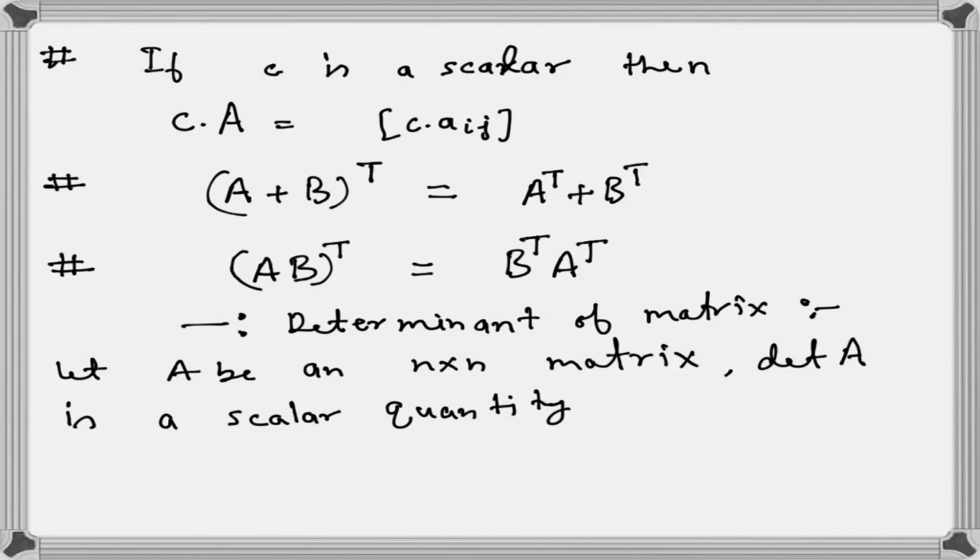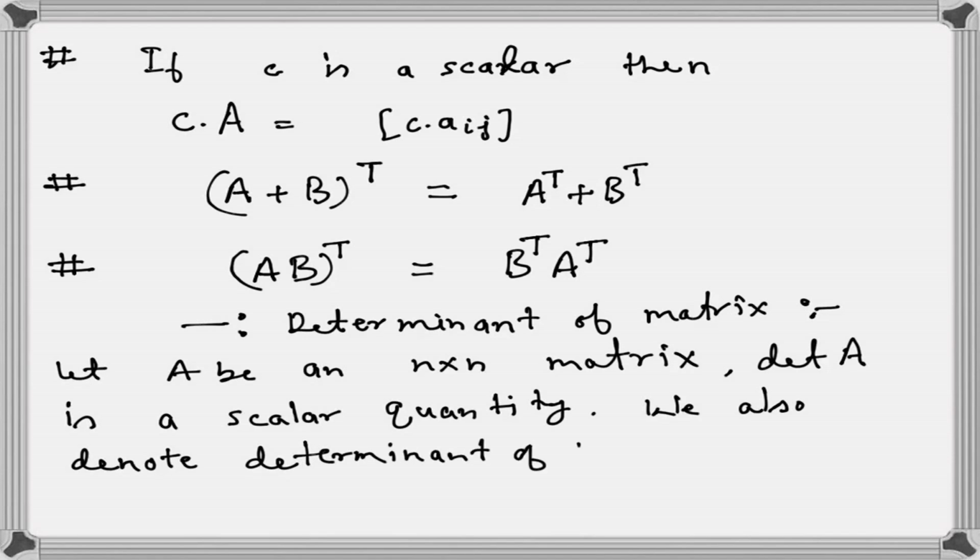We denote the determinant of A by putting two parallel lines and putting matrix A inside that. So let's define this.